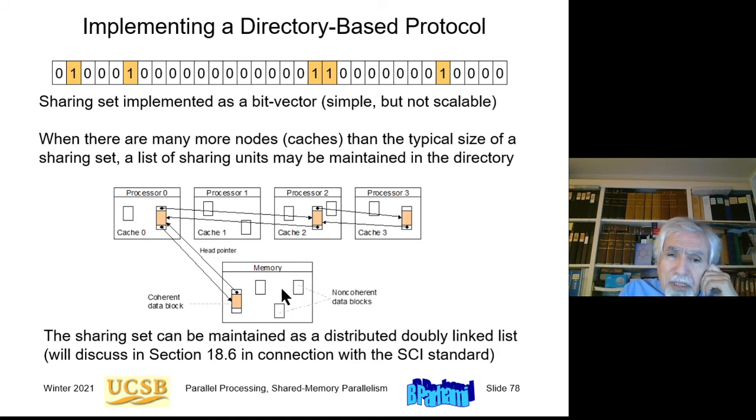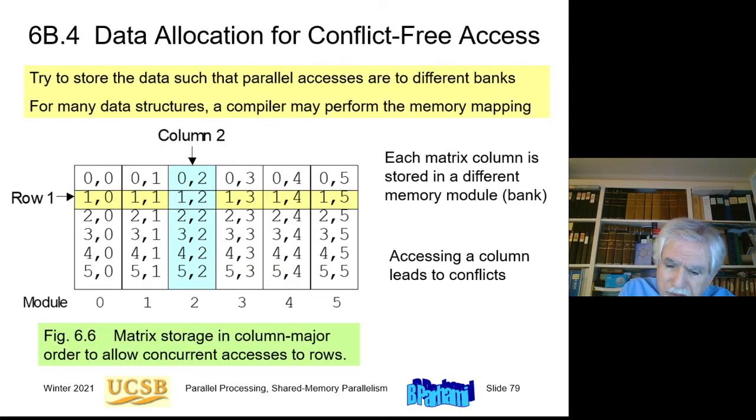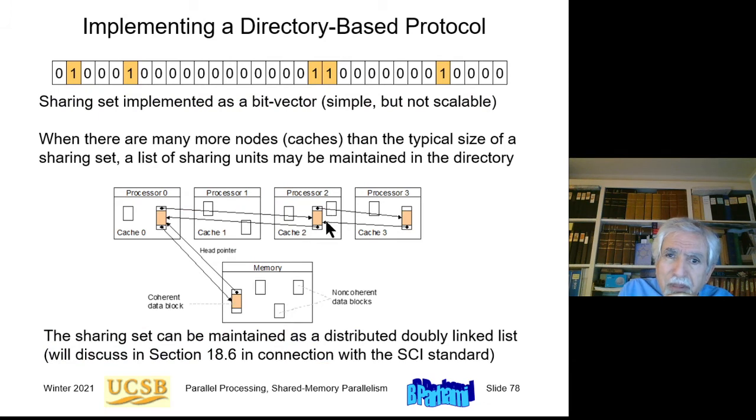And you can use a scheme shown here. So here, this is memory, and these are 4 processor caches. So this particular block of data is in main memory. There are also copies of it in cache 0, cache 2, and cache 3.